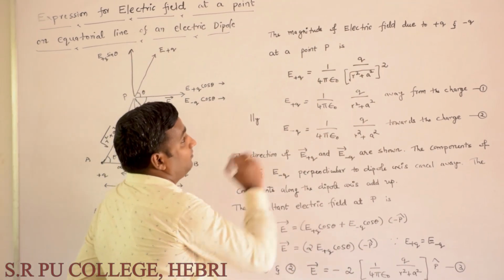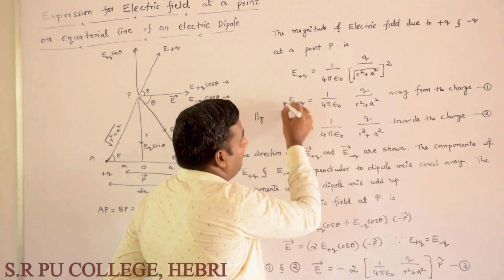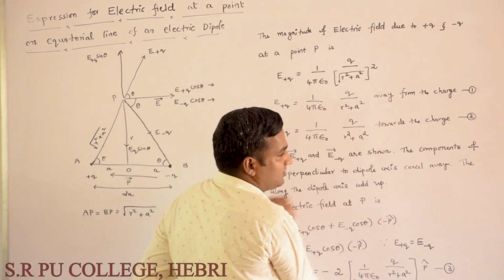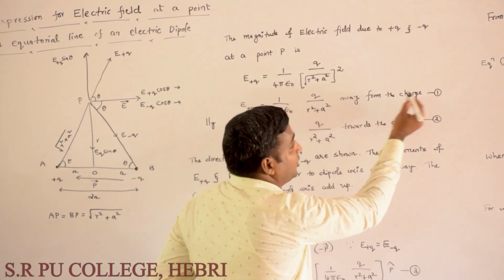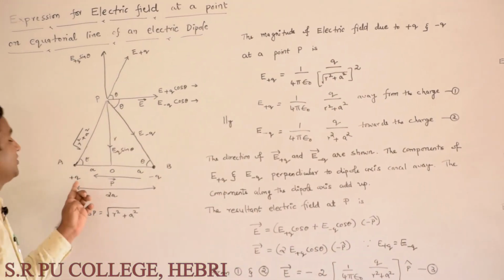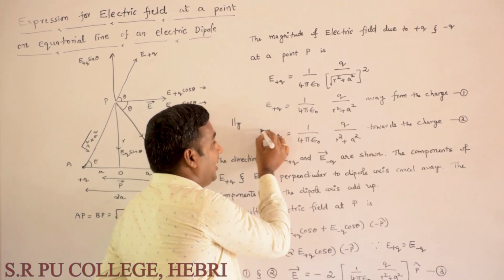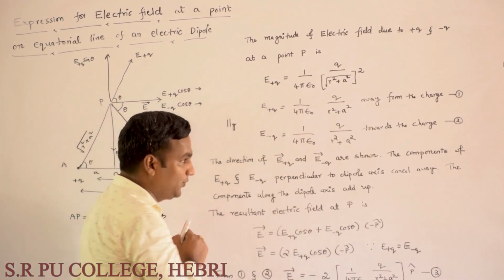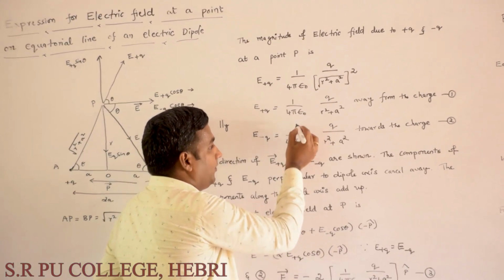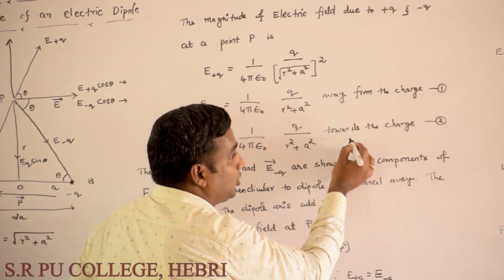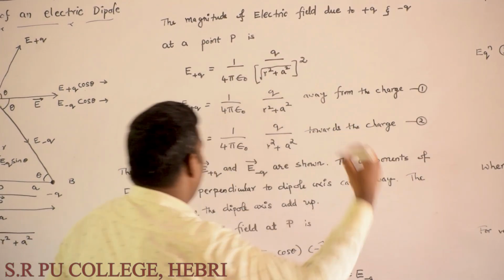So E plus Q is equal to 1 divided by 4 pi epsilon naught Q divided by R square plus A square, directed away from the charge because it is a positively charged particle. Now E minus Q is equal to 1 divided by 4 pi epsilon naught Q divided by R square plus A square, towards the charge. This is equation number 2.